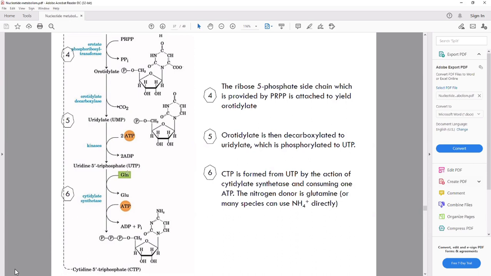When we have cytosine in a nucleotide, it is present as CTP, for example cytidine. For thymine, it is present as TMP, thymidine monophosphate.